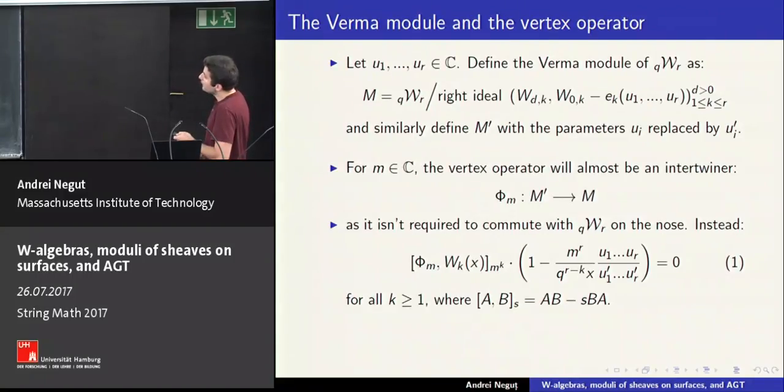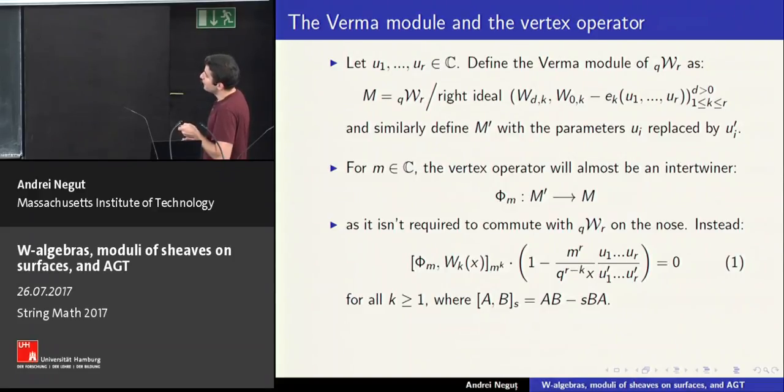What we see here is a formula for how phi m, a vertex operator, which depends on a complex number, by the way, interacts with a generating field WK of x. First of all, you don't take a commutator here, you take a q commutator, which makes sense since everything is q deformed. M should be thought of as a power of q really, but it's not really visible in my notation. So if this were an intertwiner, this commutator should be 0.